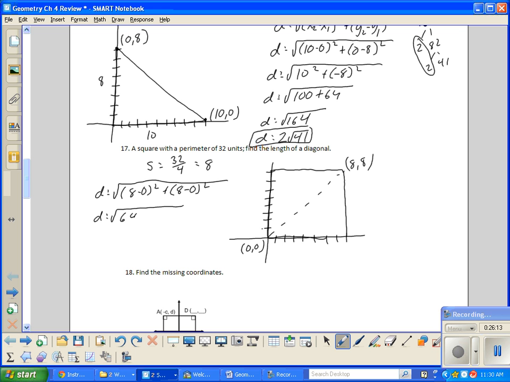That's 64 plus 64, equals the square root of 128. And 128 is 64 times 2. 64 has a square root, which is 8. So our distance is going to be 8 square roots of 2.